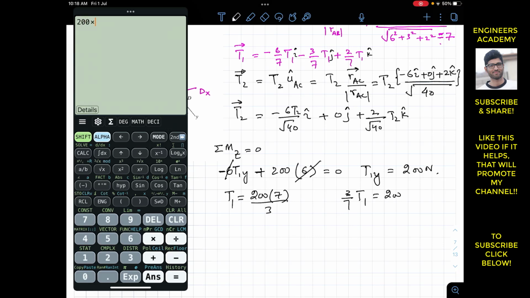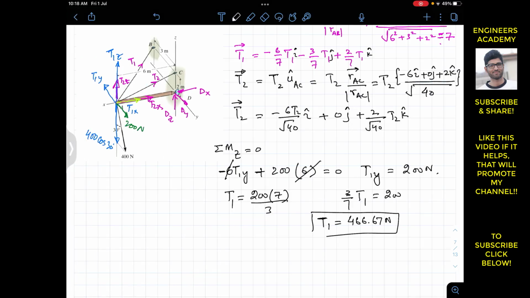So 200 multiplied by 7 divided by 3 gives us T1 magnitude, which is equal to 466.67 newtons. So this is the tension magnitude in the cable which is acting from A to B.